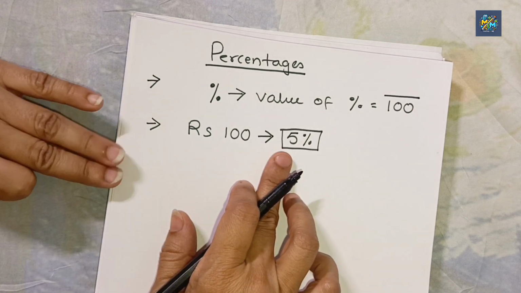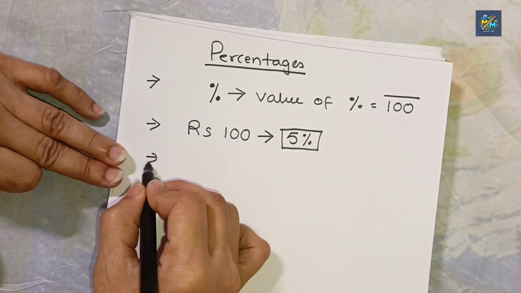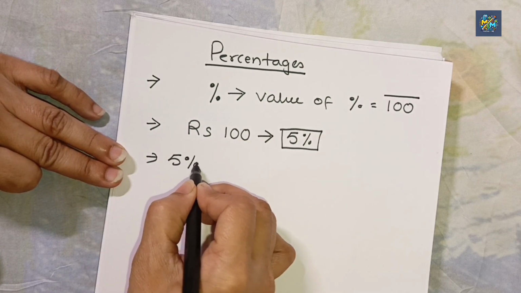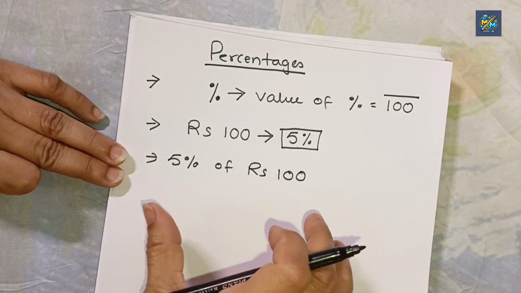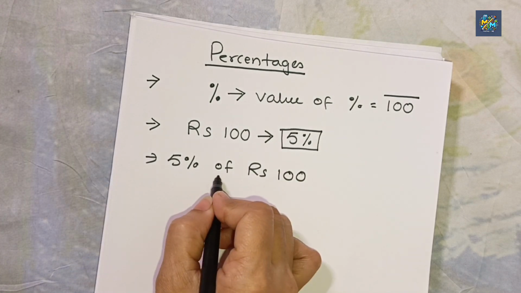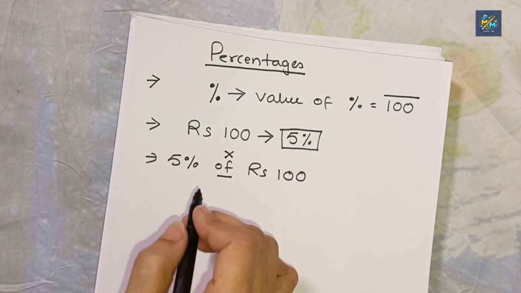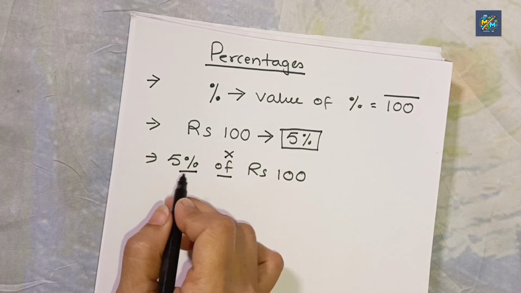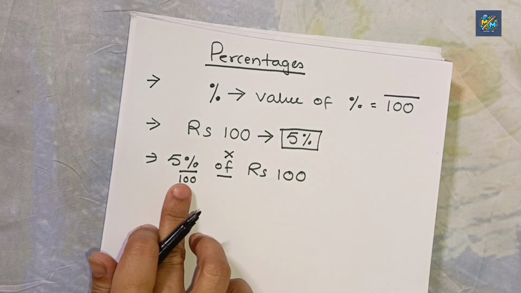So what I have to do, basically in books you are going to see these types of questions this way: 5% of rupees 100. So students, keep one thing in your mind: of means multiply, and I have already shown you that this sign means a fraction with 100.